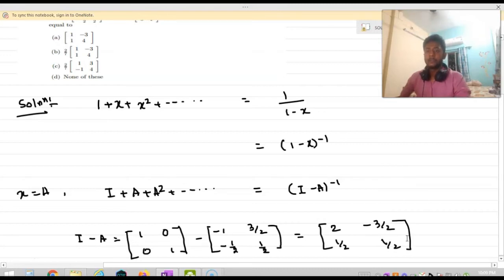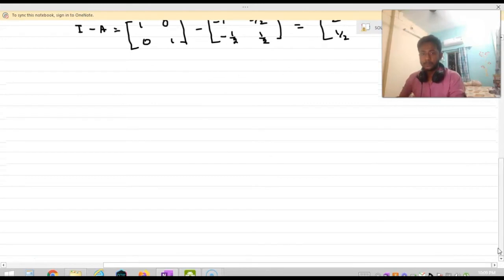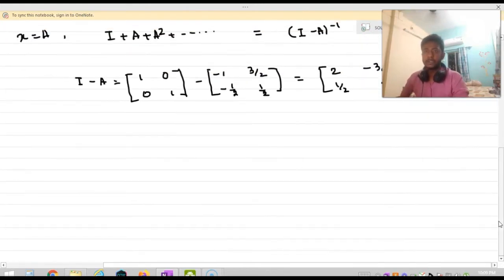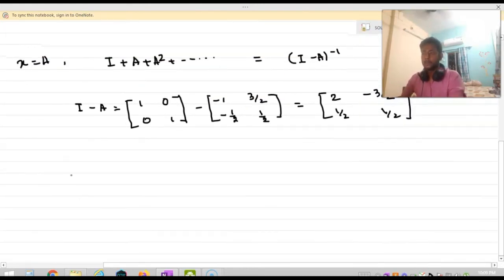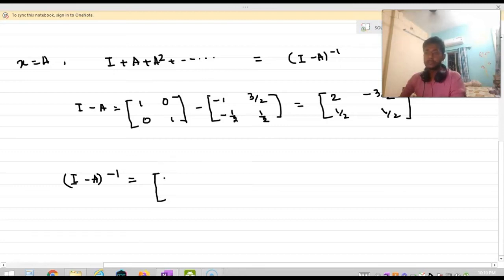So this is our I minus A. We have to find its inverse, that is the inverse of the matrix 2, minus 3 by 2, 1 by 2 and 1 by 2.